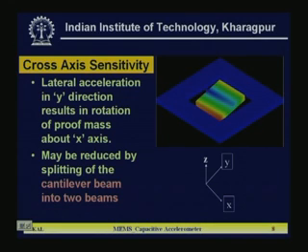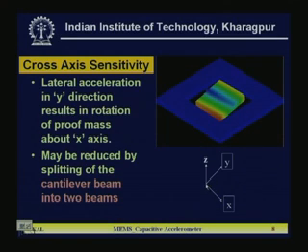Now, in this kind of structure there is a problem. What is that problem? It is cross axis sensitivity. So, if this is the single flexure, single cantilever structure, now if you make an acceleration along the y direction, say y direction is shown at the bottom in the diagram, z is vertical and x, y in the plane of this table for example.